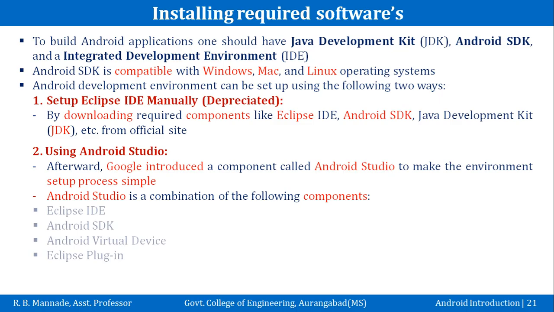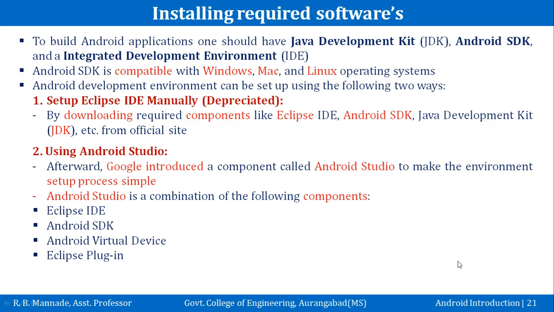Android Studio is a software component which contains some particular software components. It includes the Eclipse IDE, Android SDK, Android Virtual Device, and Eclipse plugins. Whatever software we needed to download and install individually in the old method, all these components are embedded into Android Studio.